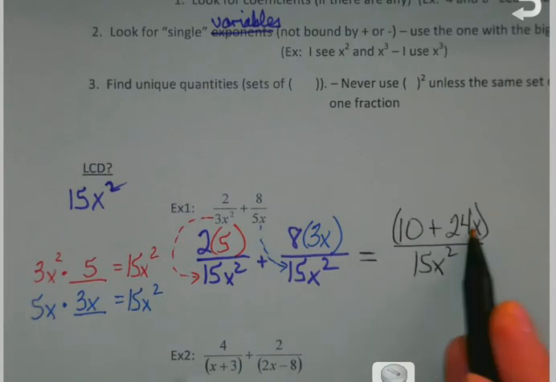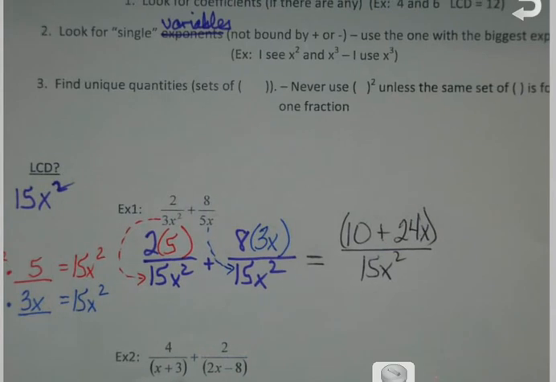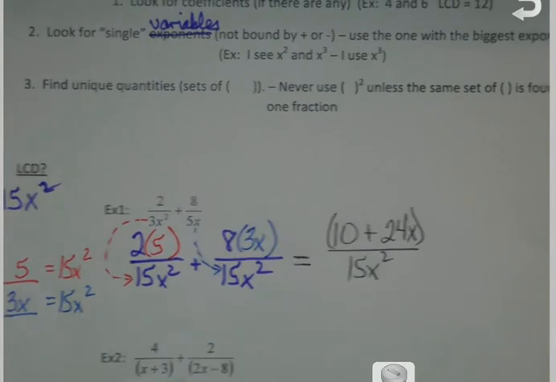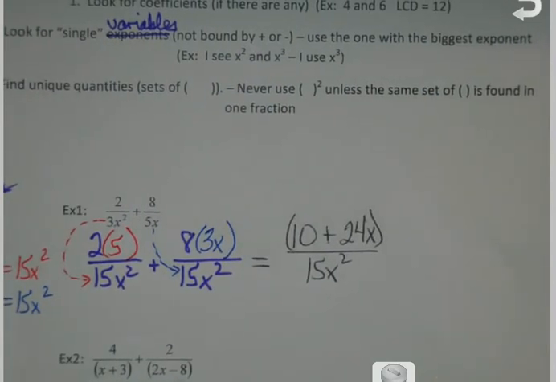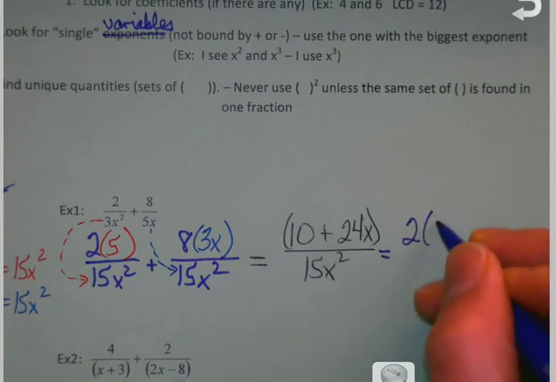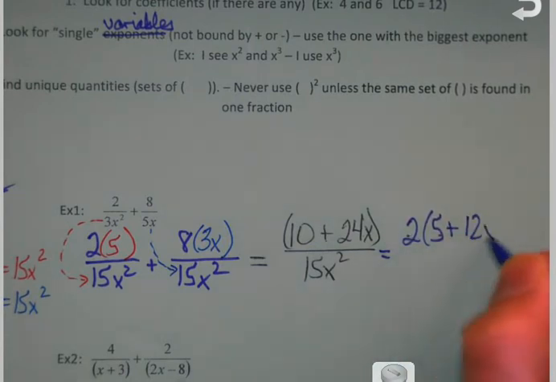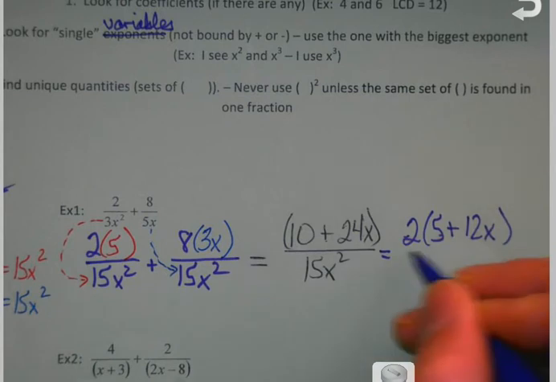These aren't individual factors anymore for what I'm doing. But then the question always remains, can I factor this sum? And if I can, I need to do that. And in this case, I could still take a 2 out of both of those. So I take the 2 out that they have in common. 2 times 5 gets me to 10. 2 times 12 gets me to 24.